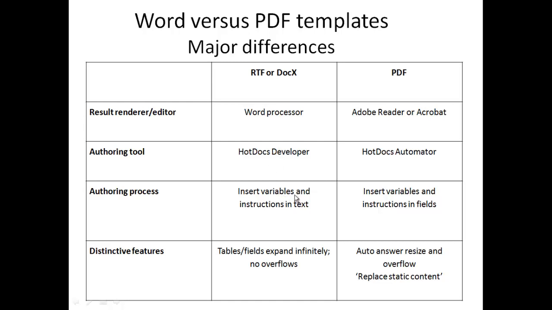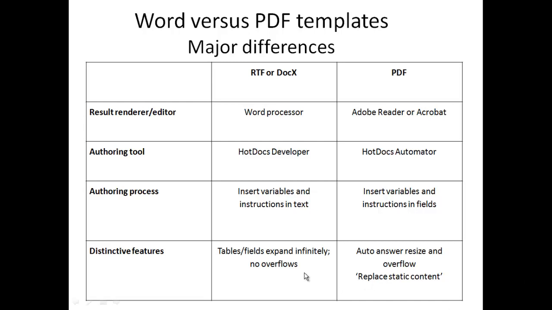The process of automating in the case of Word templates is inserting variables and instructions right on the surface of the text and scripting things in the component file. With a PDF template, you're creating fields, delimited areas on the face of a form, and inserting variables and instructions in those fields. Similar but significantly different.